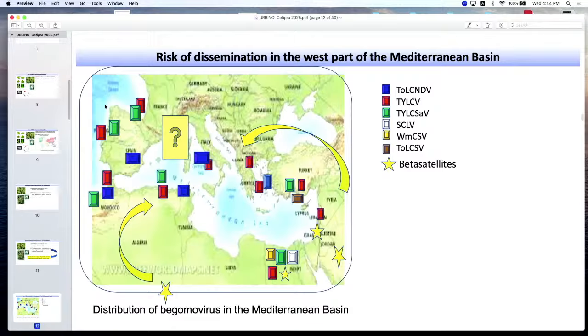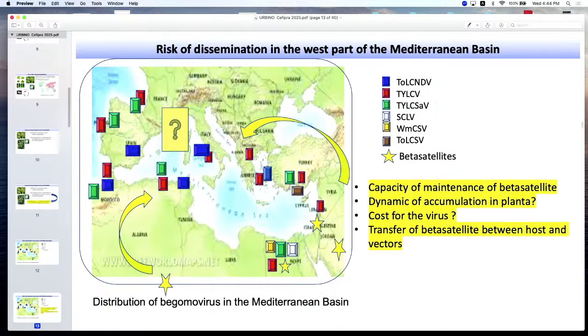intensification of vegetable crops. So what we are studying at Montpellier now is we have begun some studies to prevent this emergence of new disease, and we are studying the capacity of maintenance of beta satellite by a virus which doesn't need the satellite, because these viruses we have here don't need beta satellites.